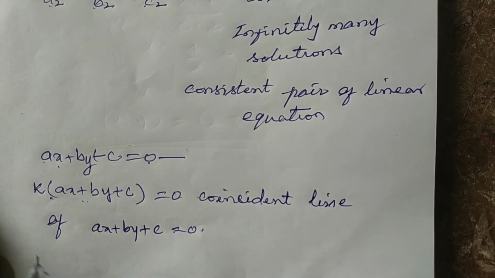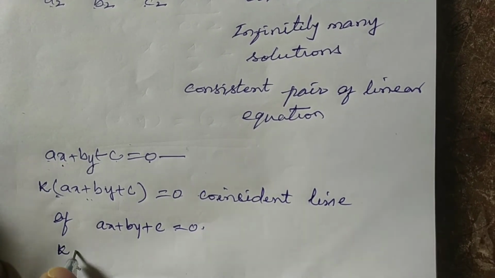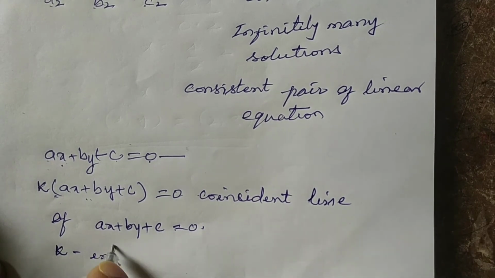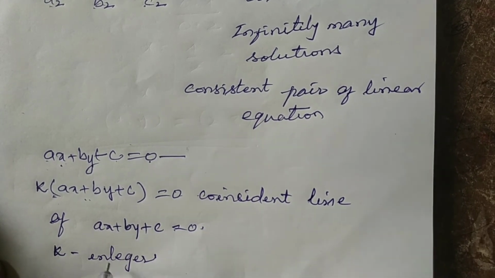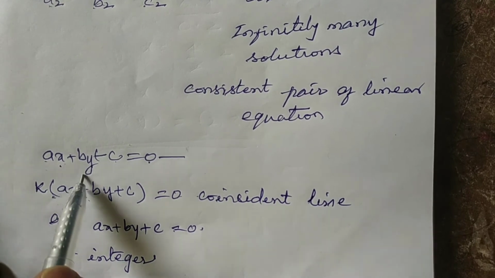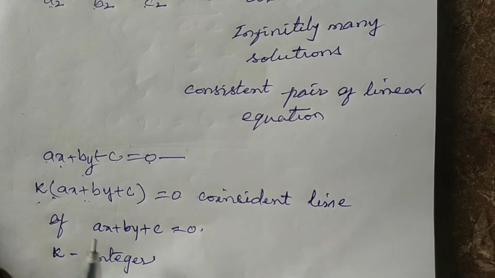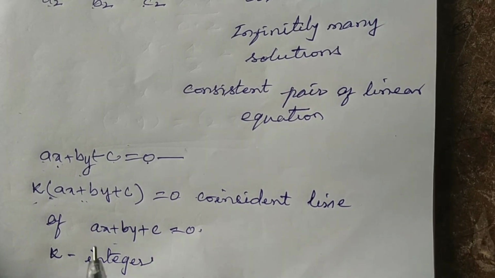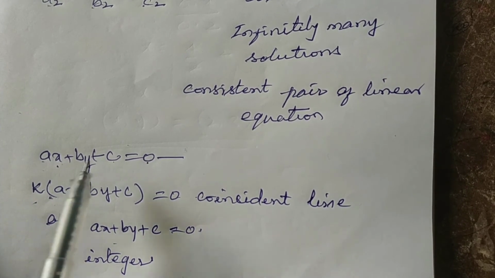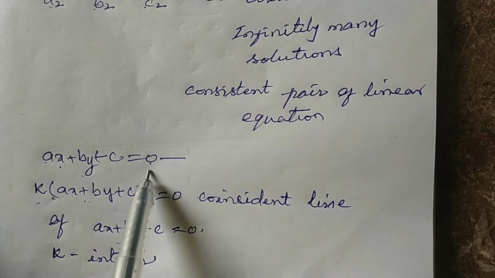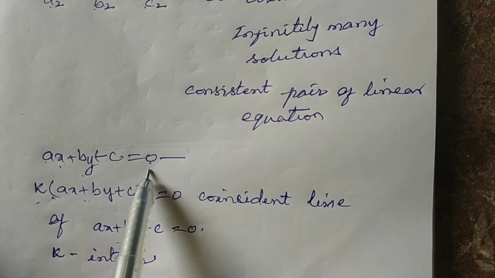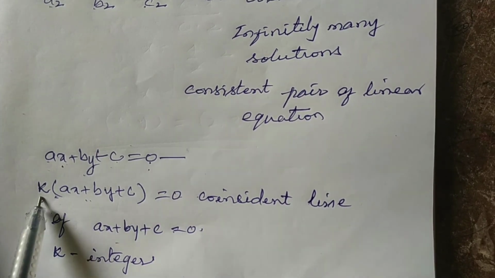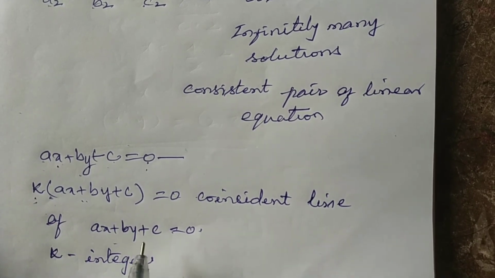Here k is any integer. So if we multiply the given line by any integer, we get its coincident line. Here ax plus by plus c is equal to 0 is the given line, and we multiply by k, where k is any integer, to get its coincident line.